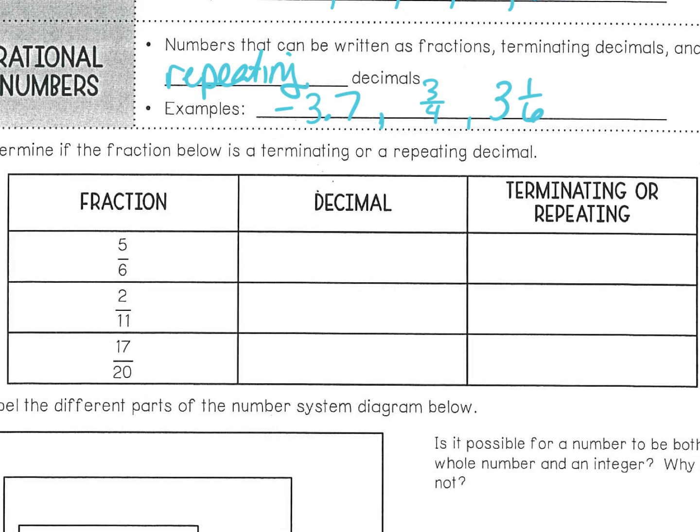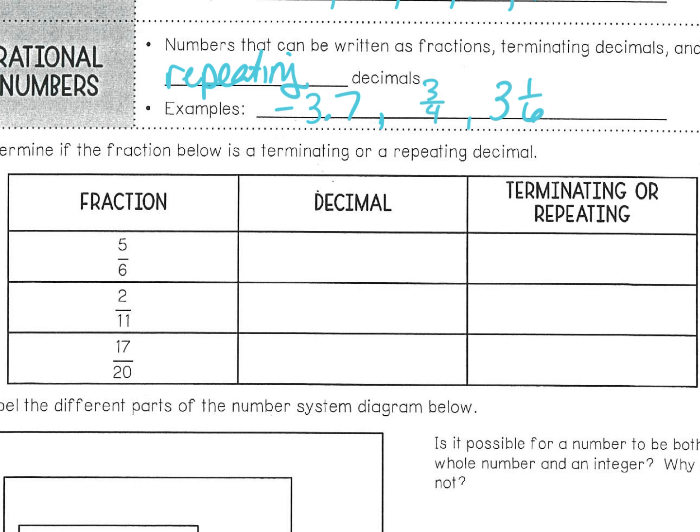Okay, so we're going to determine if these fractions are decimal and then terminating or repeating. In your calculator, this is where you're going to want a calculator. If you don't have one, pause and go grab one. If you're on a device, you can open a new tab and go to Google and then just type in calculator.